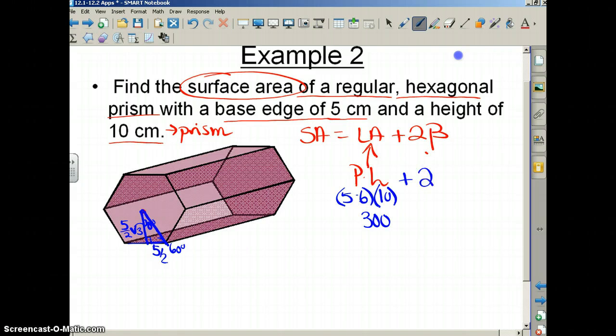So we do twice half the apothem times the perimeter, which we just talked about was 30. So that comes out to 300 plus 75 root 3 square centimeters.